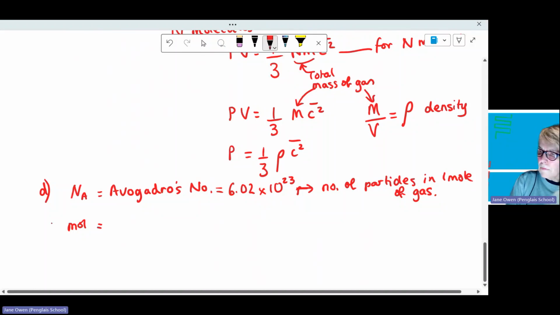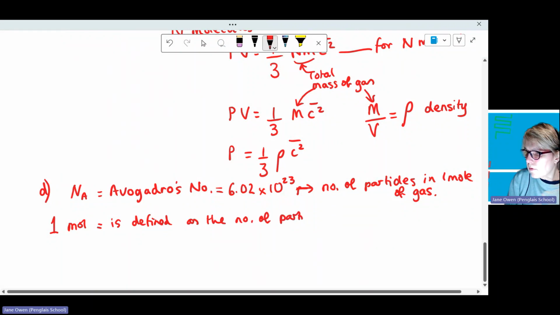So 1 mole is defined as the number of atoms of carbon 12 in 12 gram.